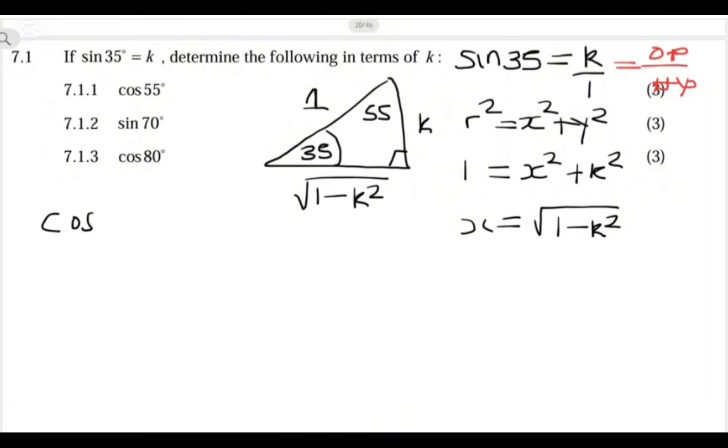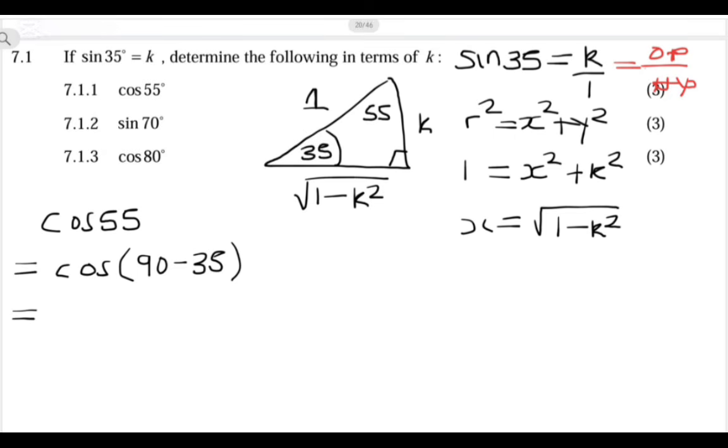So now we can use this triangle to find the value of cos of 55. There are a lot of ways to do this. You can use this triangle using 55 as your reference angle, but whenever I do this with my students, they don't understand it in most cases. So I'm going to use the usual way. I'm going to expand cos of 55 as cos of 90 minus 35, which gives us 55.